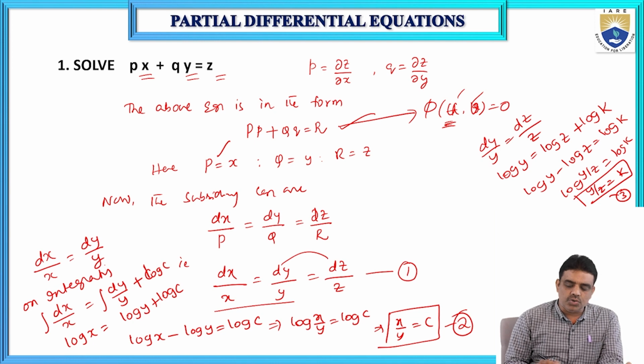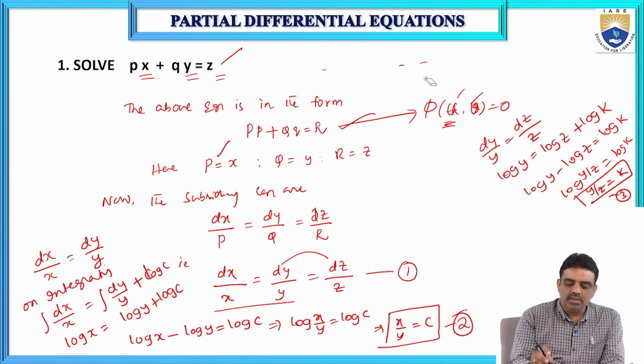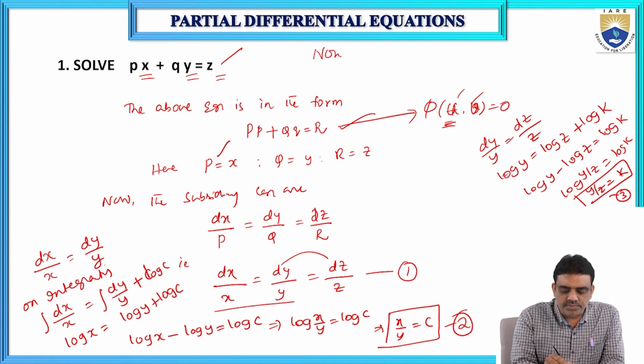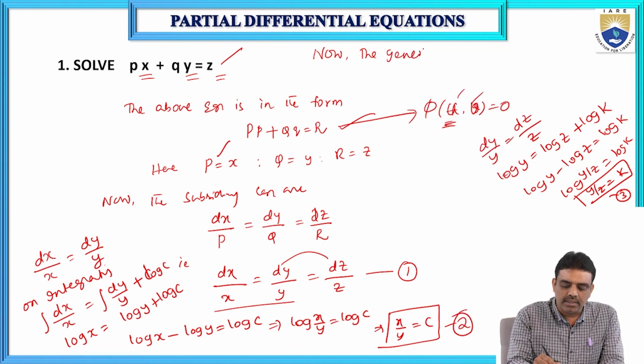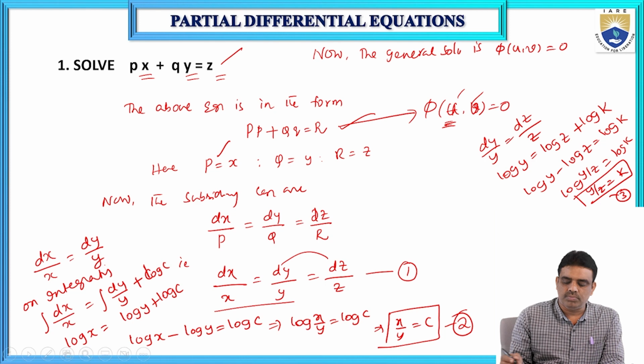Now the general solution of this equation is in the form phi of u comma v is equal to 0.